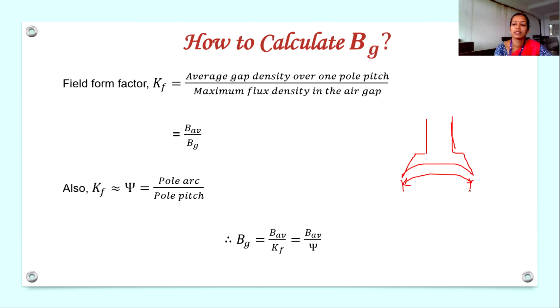So pole arc divided by pole pitch. What is pole pitch? The distance between two adjacent poles is known as the pole pitch, this one. So this pole arc by pole pitch ratio is the psi.